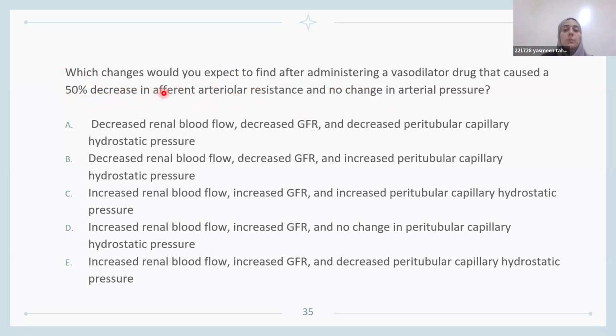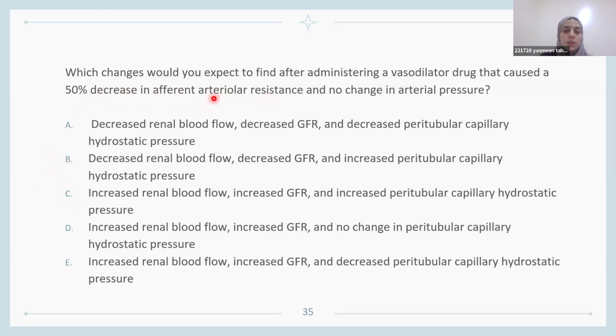And as we mentioned about the peritubular capillaries, for any reason, if we have constriction, meaning increased resistance, they will have lower hydrostatic pressure. But in this case, we have a decrease in the afferent arteriole resistance, and this will cause an increase in the peritubular capillary hydrostatic pressure, which is C.